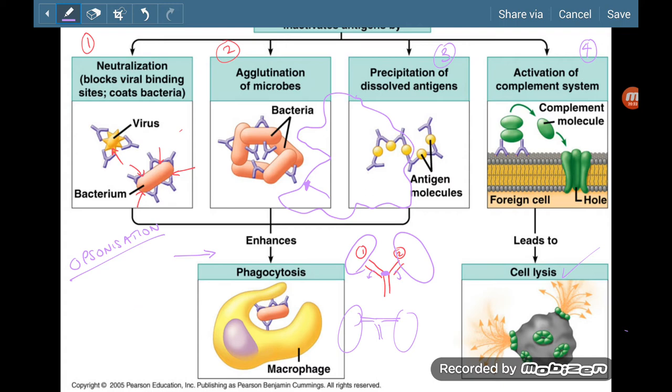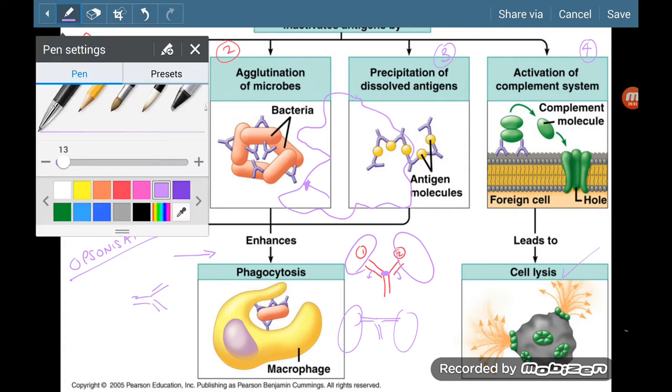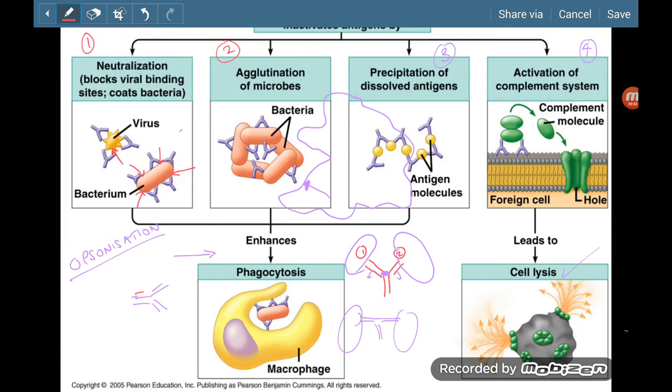So if you have an antibody and you take the constant region here, remember there's constant and variable regions. The constant region here is going to be complementary to a receptor on a phagocyte, a macrophage, for example.